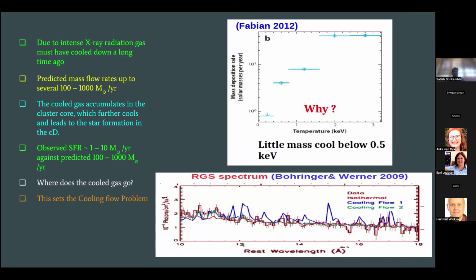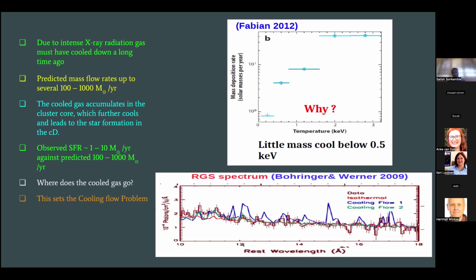One problem associated with this is that, due to the intense X-ray radiation, the gas must have cooled down a long time ago compared to the Hubble cooling time. It predicts a mass deposition rate of 100 to 1,000 solar masses per year at the core of the central dominant galaxy, but observationally very little star formation is found at the center.